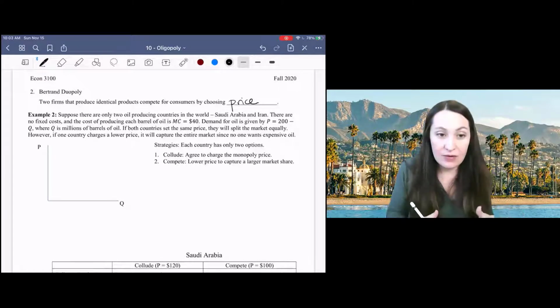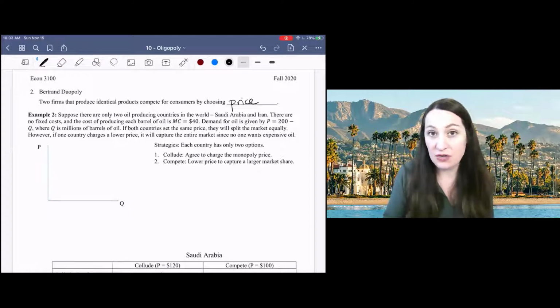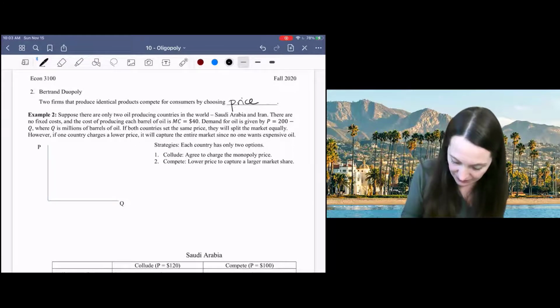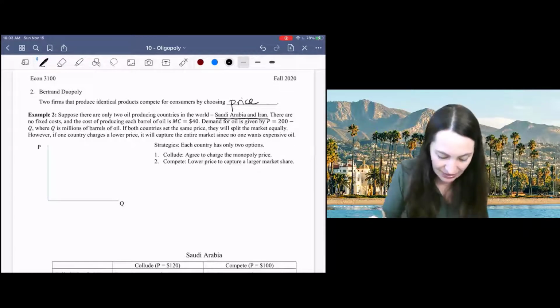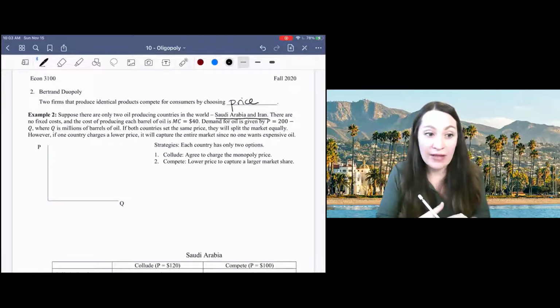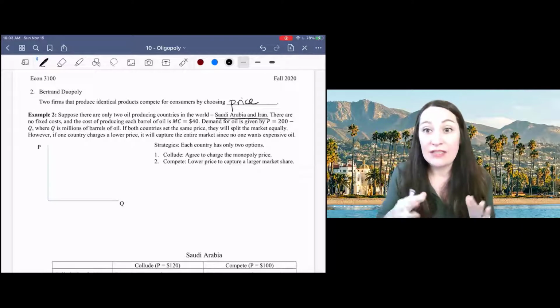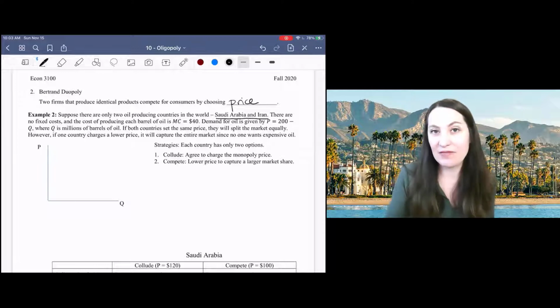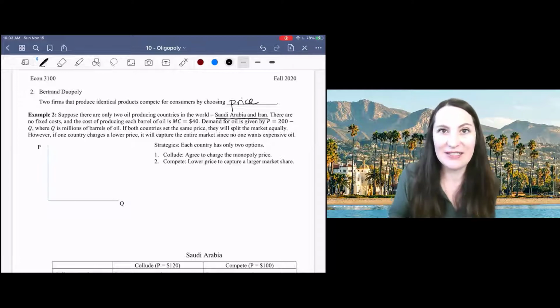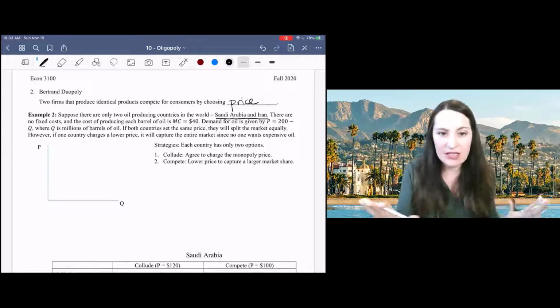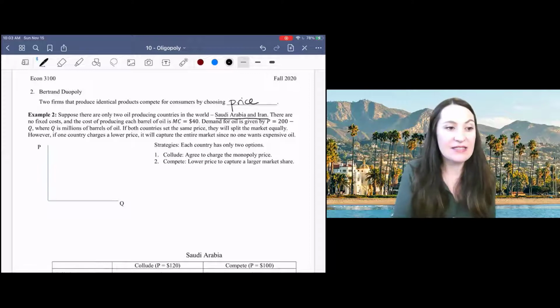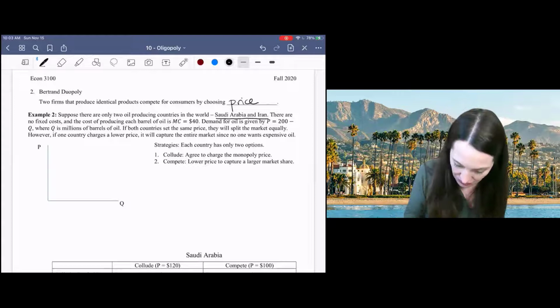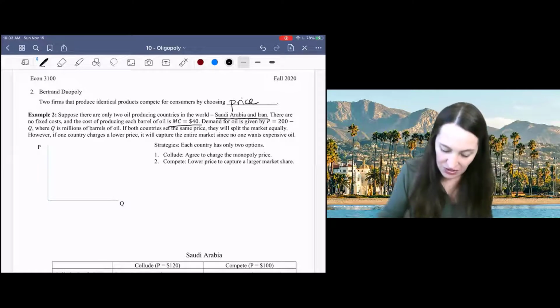So here we have an example. So we have two countries. Those are our players, Saudi Arabia and Iran, and they produce oil. We're going to assume, just to simplify things, that we have no fixed cost, but obviously oil production comes with a big fixed cost. But we're just going to, for the sake of simplicity, say we have no fixed costs, and the marginal cost of producing oil is $40 per barrel.